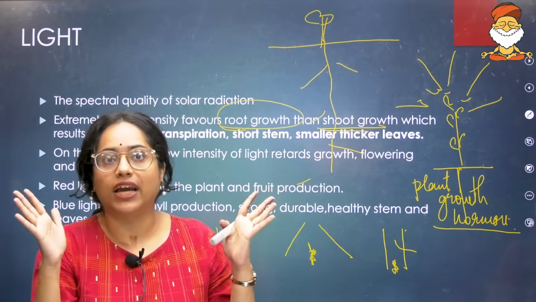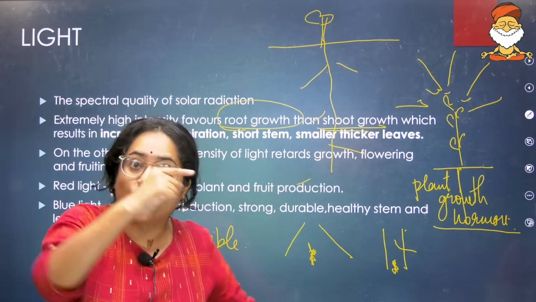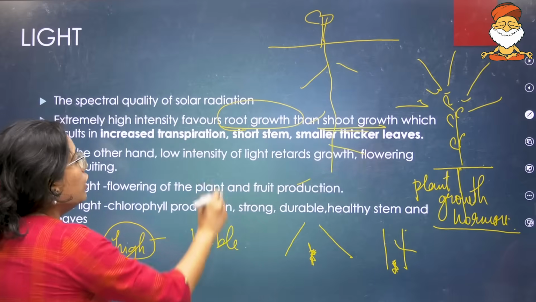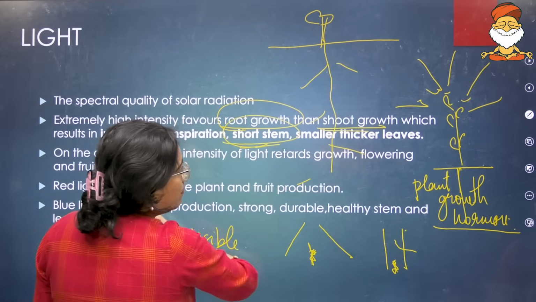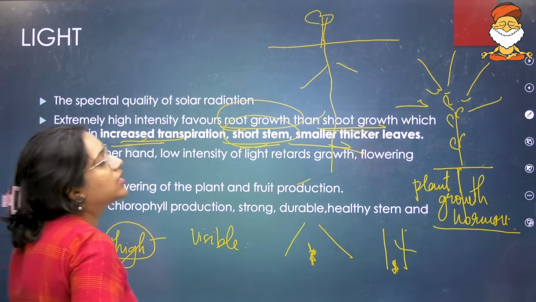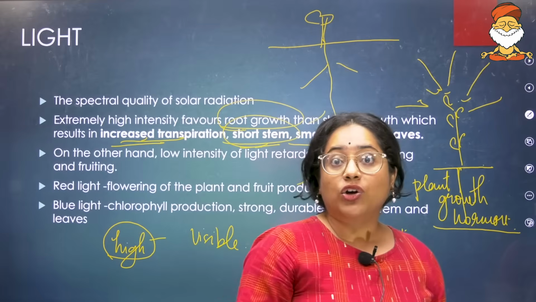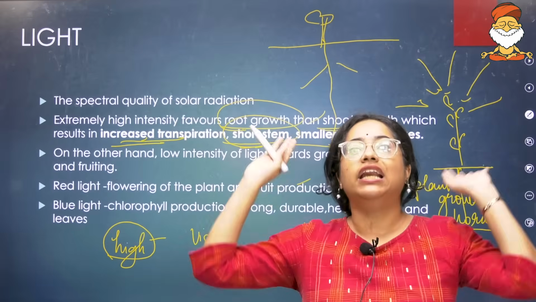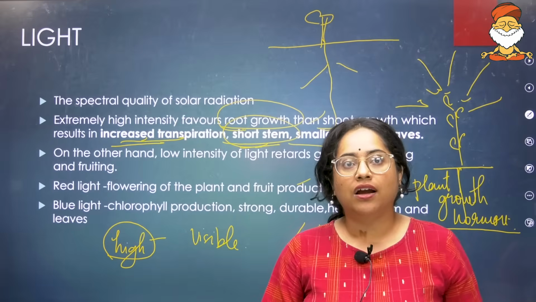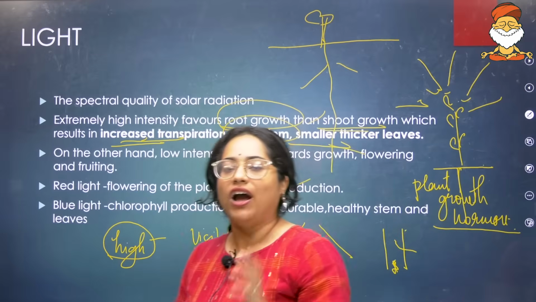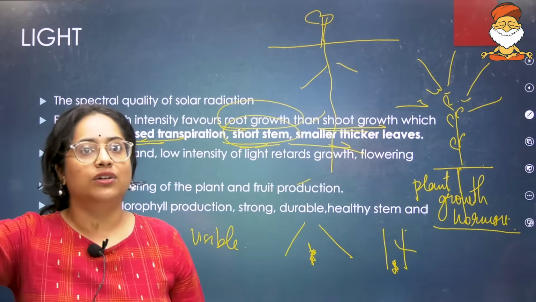I'm not saying it's not growing at all, it's growing, but not equivalent to the root. What is going to happen is, it looks like it has a short stem, smaller, thicker leaves and increased transpiration. Why? Because all this water that is taken in by the root somehow needs to be let out of the plant. And eventually, it is going to have a very stunted growth.